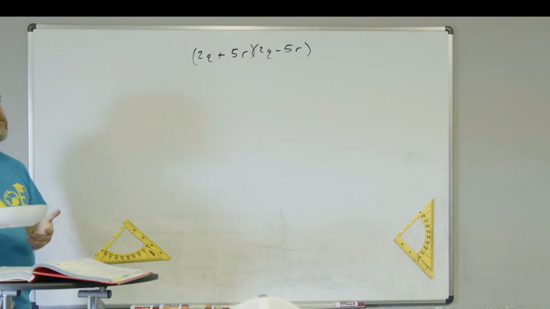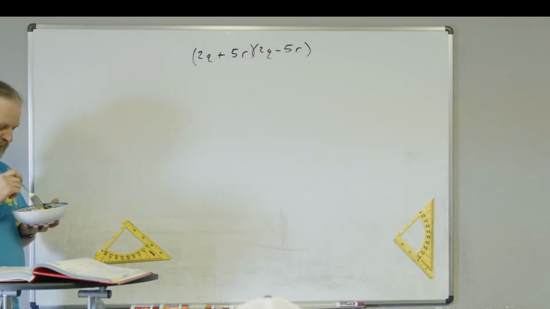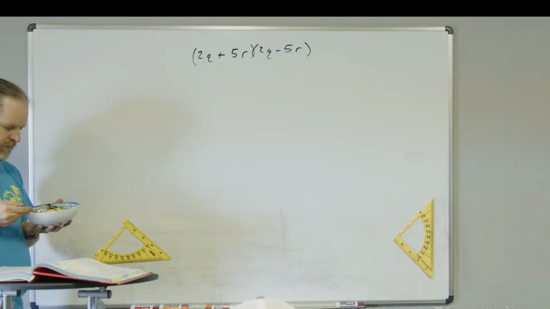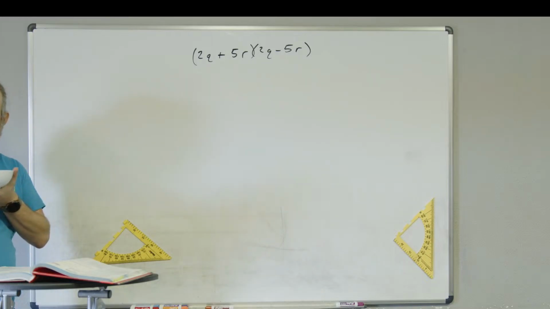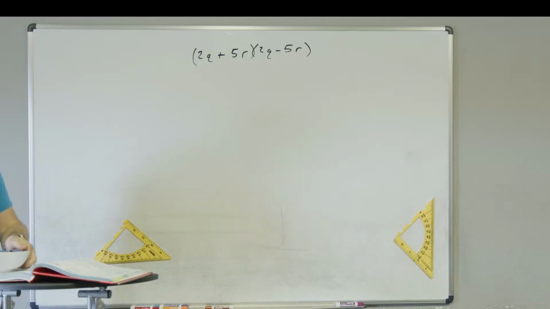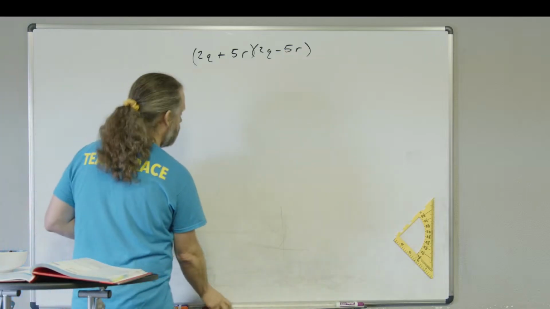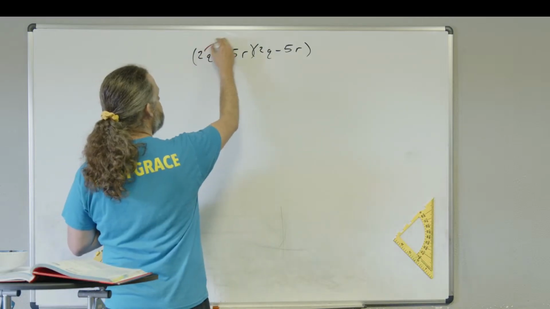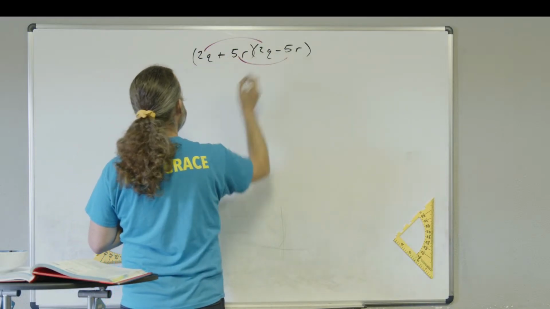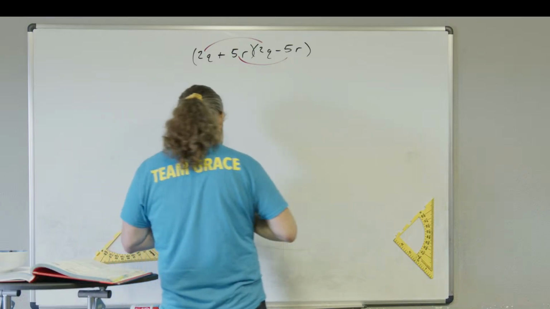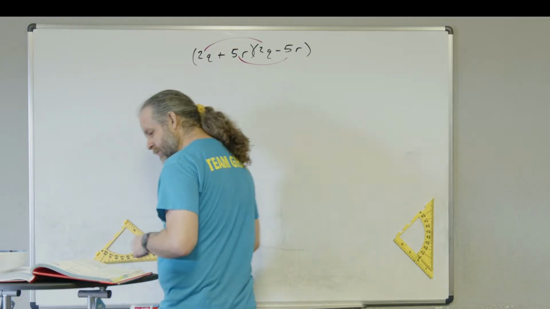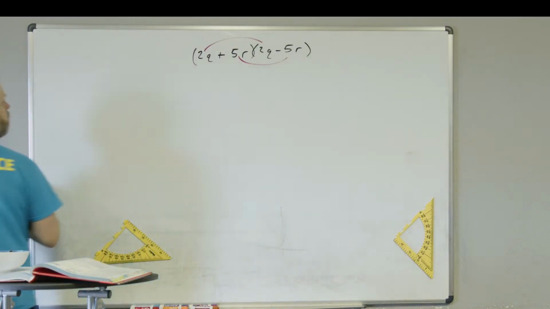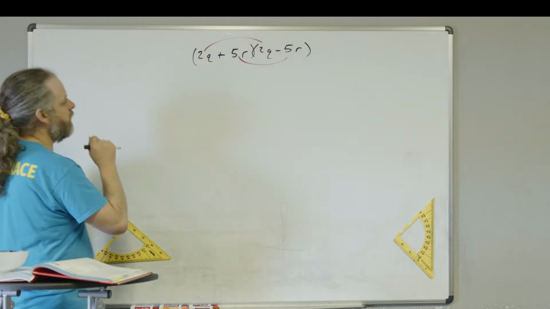It's the same, just it's plus 9. Right? So what happens with those? You don't have to do the beginning and the last. First and last, that's right. So all we have to do is the first times first, last times last. So what is 2q times 2q? 4q squared.